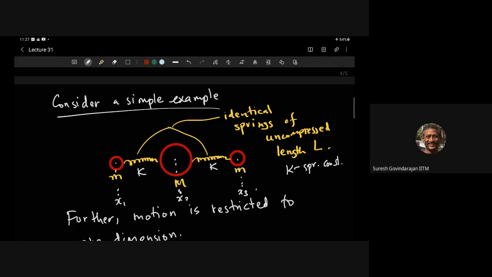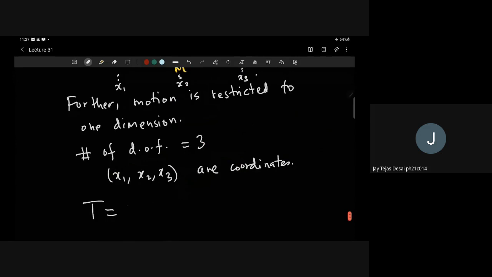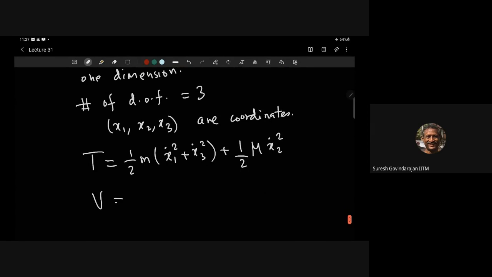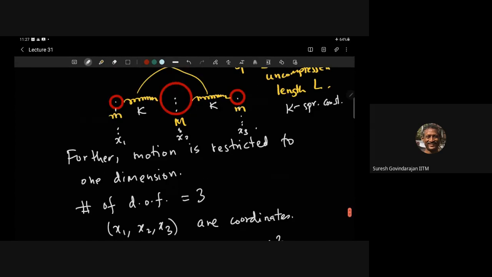This is not a trick question. Half m x1 dot square plus half capital M x2 dot square plus half little m x3 dot square. Thank you. What is the potential energy? Let's look at it, there are two springs.